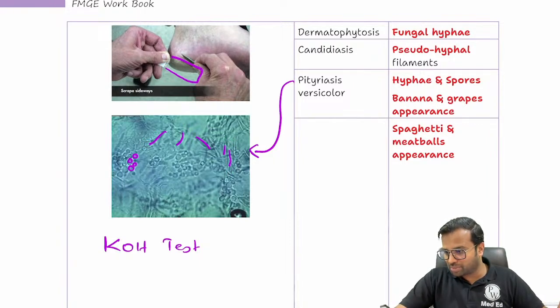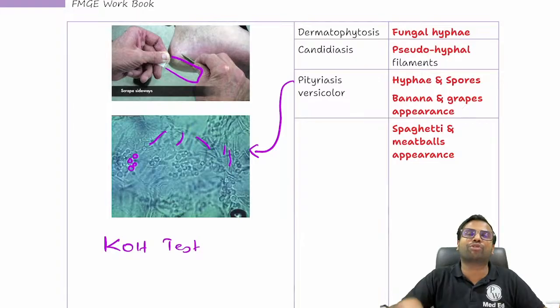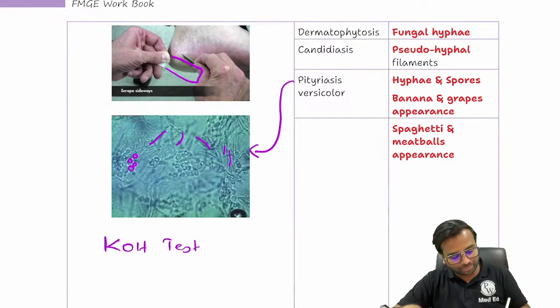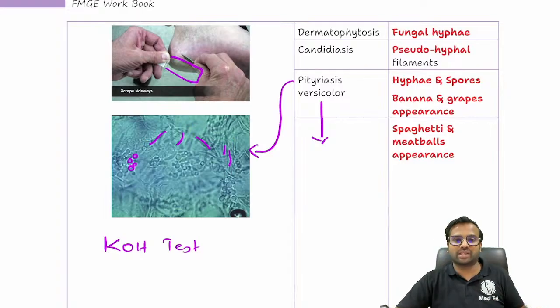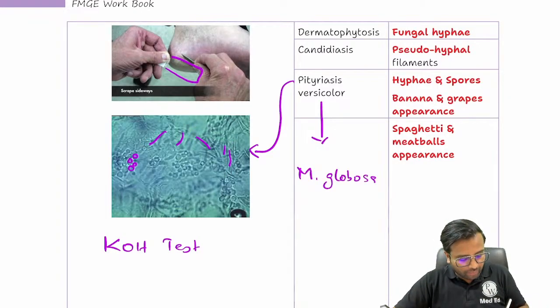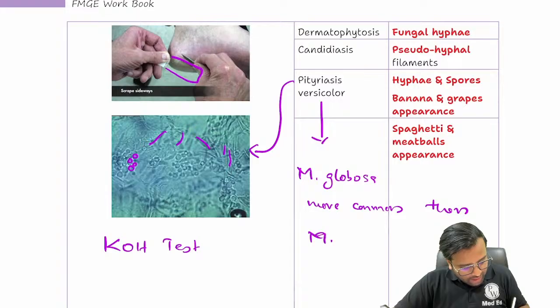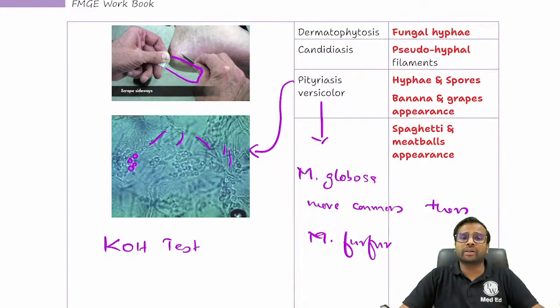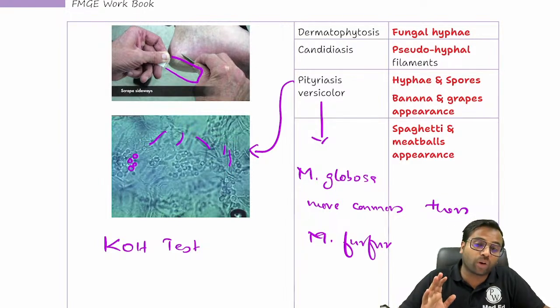Tell me, is it Malassezia furfur or Malassezia globosa? What is more common in Pityriasis versicolor? So please remember, Malassezia globosa is more common than Malassezia furfur. Okay. So since we are talking about potassium hydroxide test or KOH test, remember two more conditions.